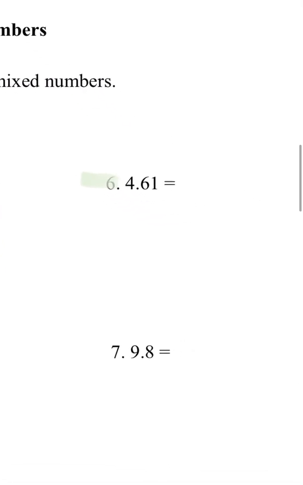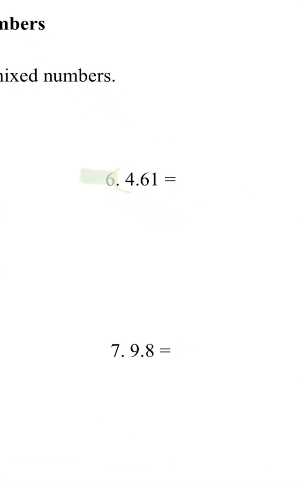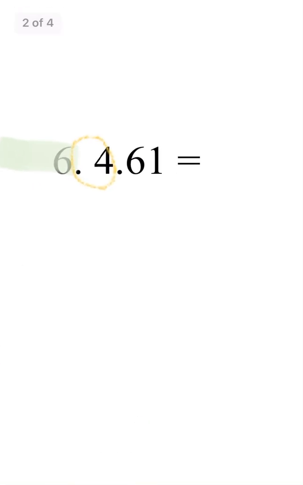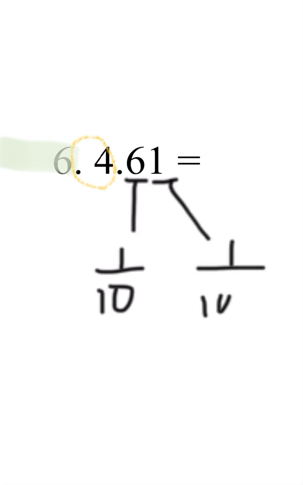Okay. Number 6. Again, we're just leaving this 4 as a whole number. And then we're converting this decimal. How? By looking at the place values, right? So that's tens and that's hundreds, right?